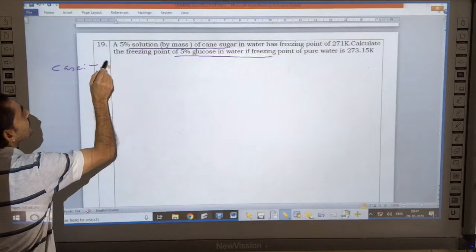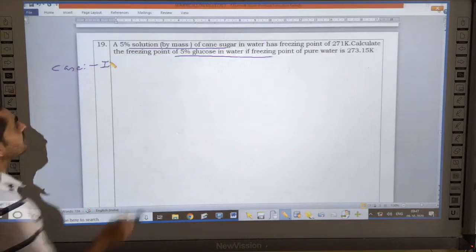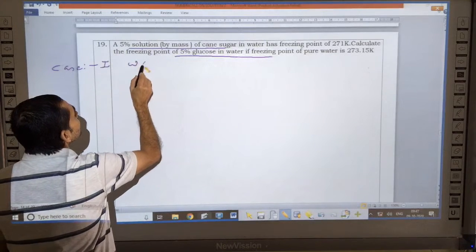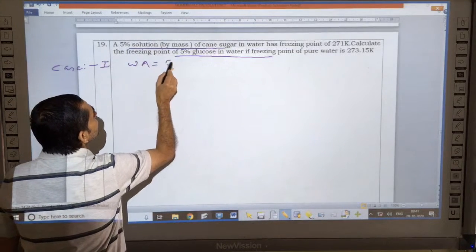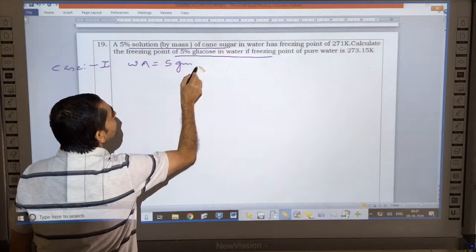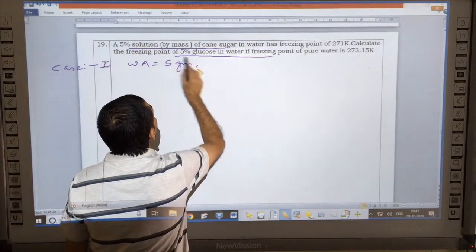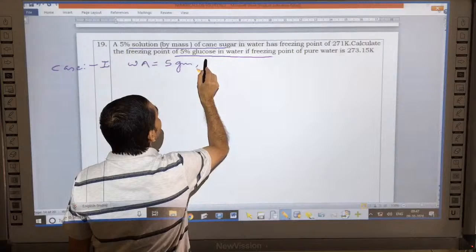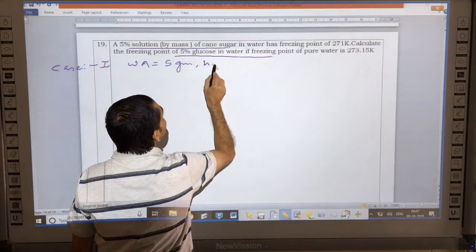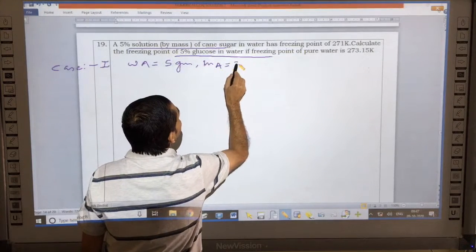Case first. 5% of mass of cane sugar means 5 gram. WA is equal to 5 gram. The molar mass of cane sugar, that is MA, is 342.